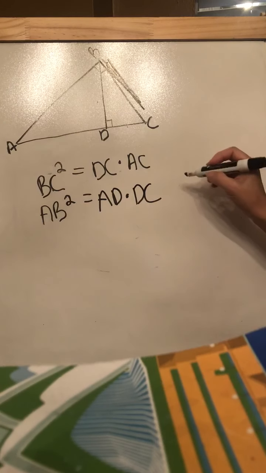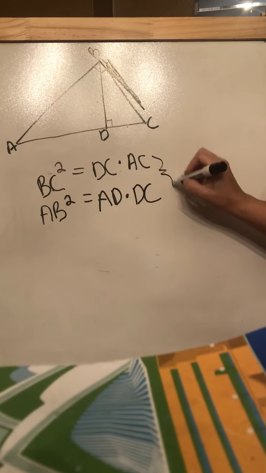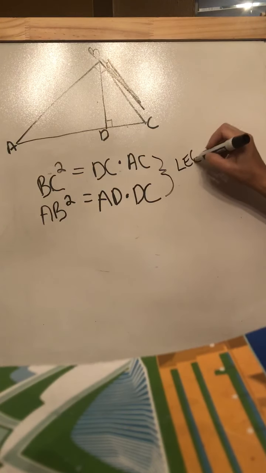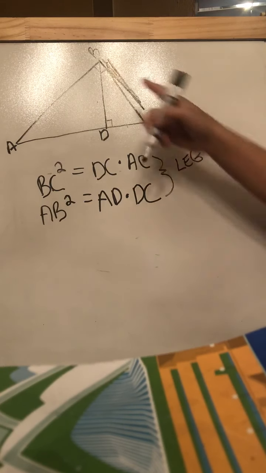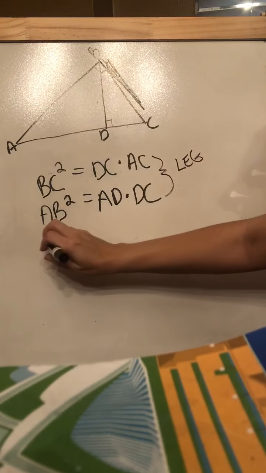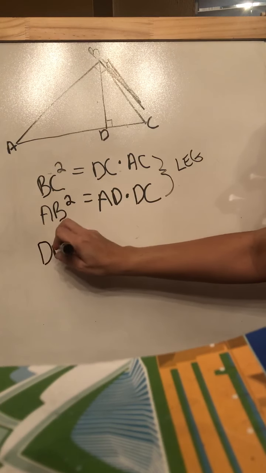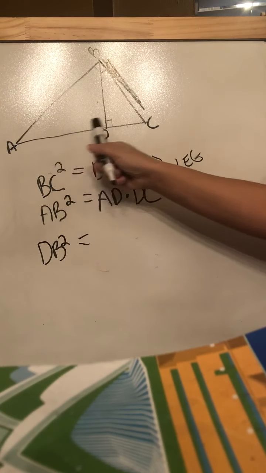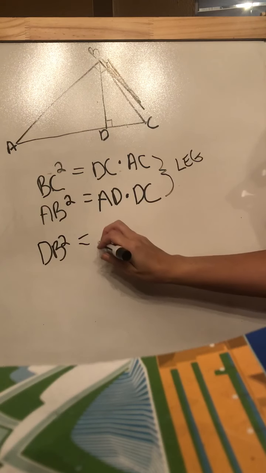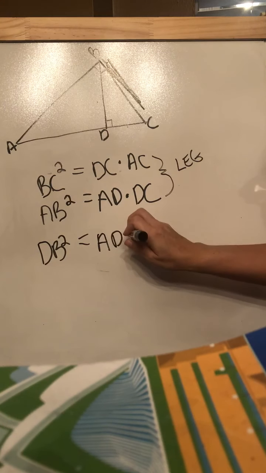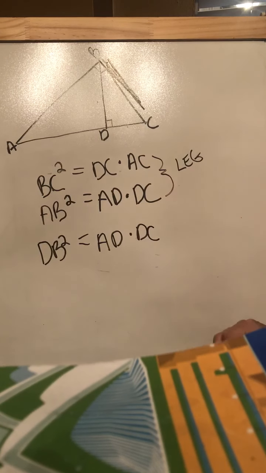So this is the leg part of the geometric mean, and the other one we did, which was this here, finding the height, that was our DB squared, equals the two parts of our hypotenuse multiplied, AD times DC. So now you have all different ways to find different lengths of your triangle.